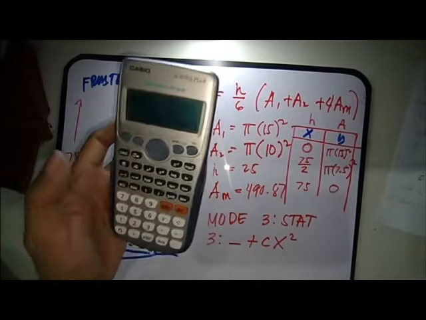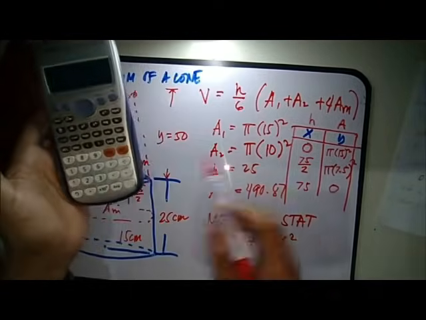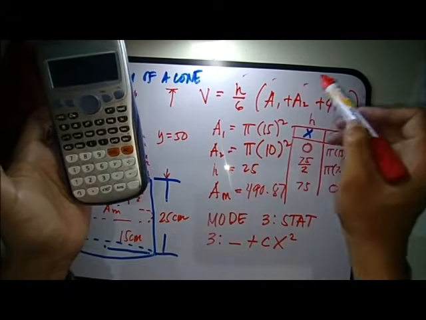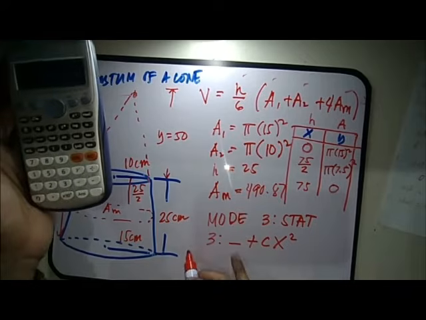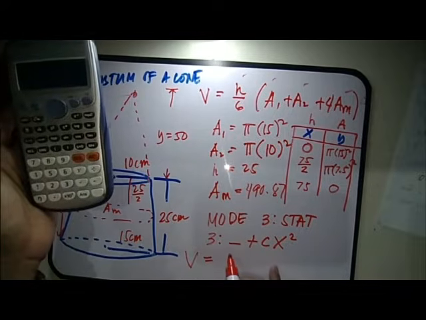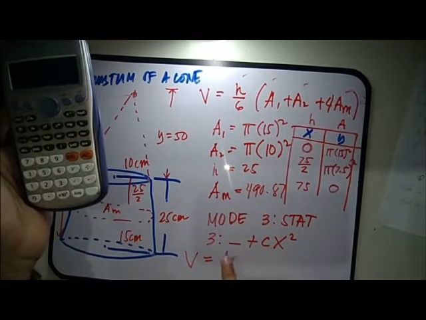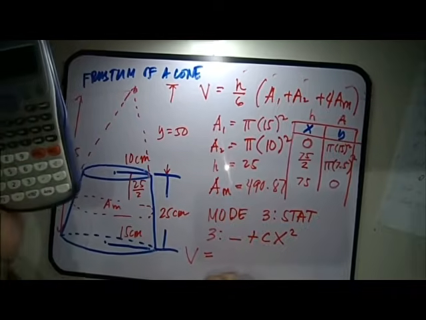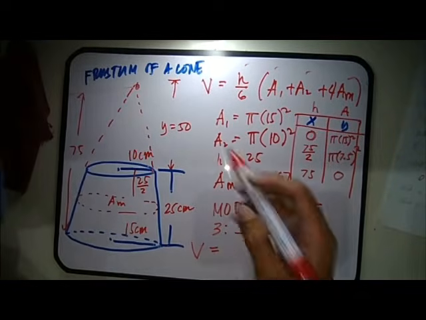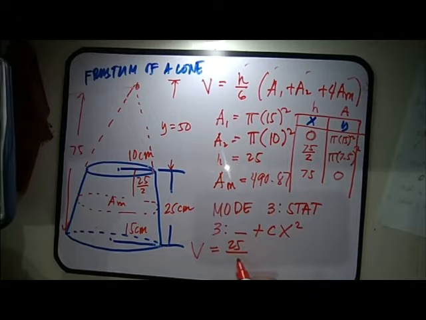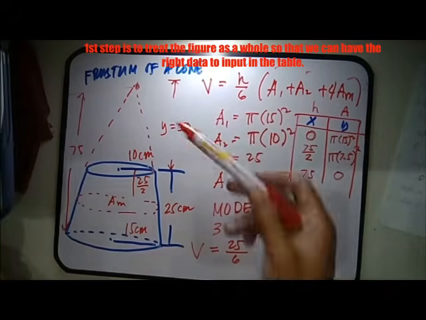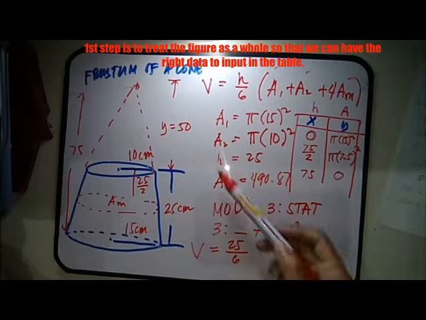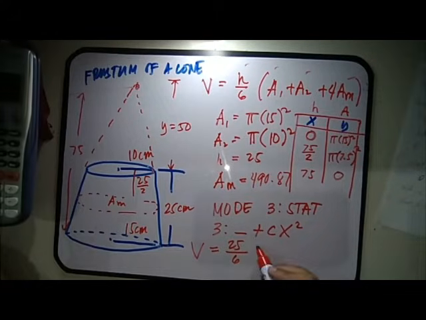So yung mean area natin is 490.87. So meaning, pwede na natin magamit yung formula. Kompleto na tayo. May height, A1, A2, and mean area. So direct substitution na lang. So volume equals H. Ang H natin is that is 25. So ito guys, bakit natin ginawang whole muna is for our calculator technique. Kailangan natin siya.